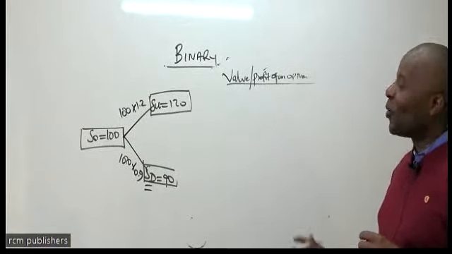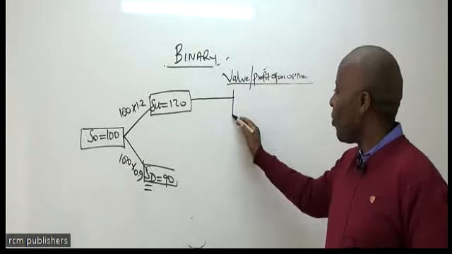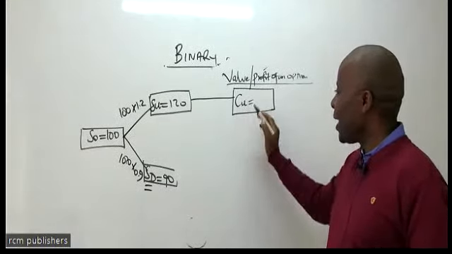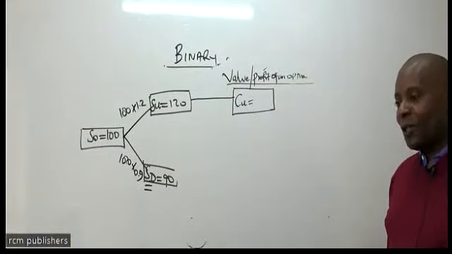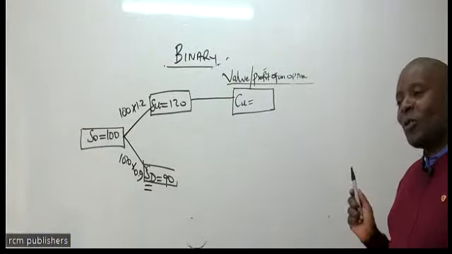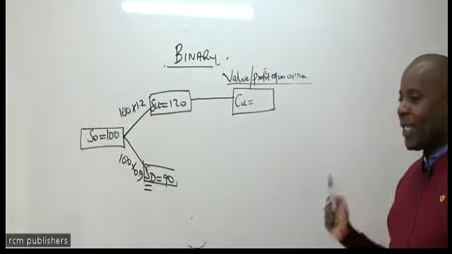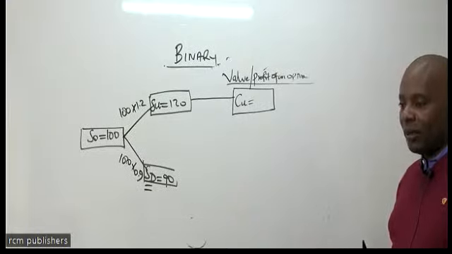Now, what will happen, ladies and gentlemen, here? I would want to get the call value if there is an upward trend. They have given me a chance of buying this option for 110.